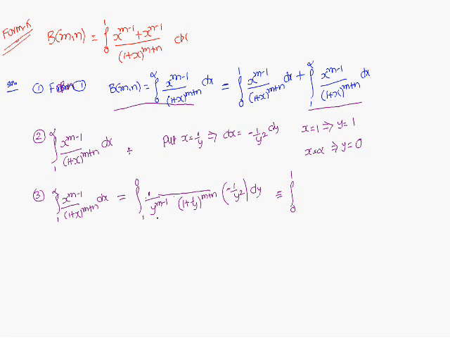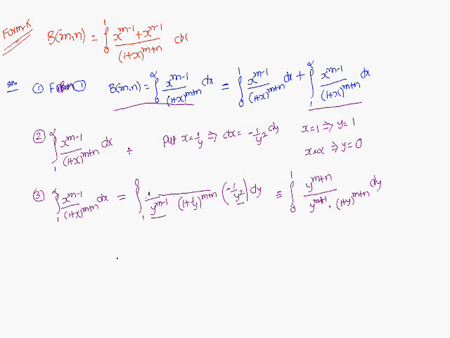So here it is y power m minus 1, here it is y square, here it is y power m plus n by, you are going to get y power m plus 1 into 1 plus y whole power m plus n dy.